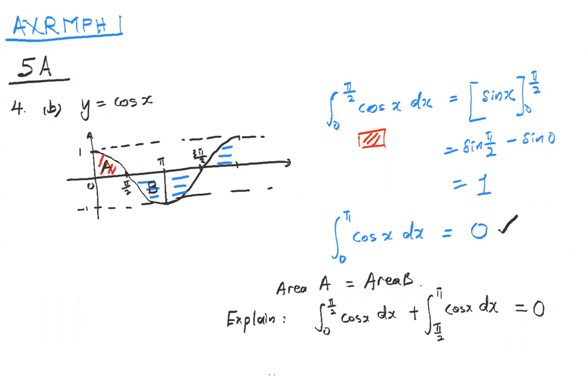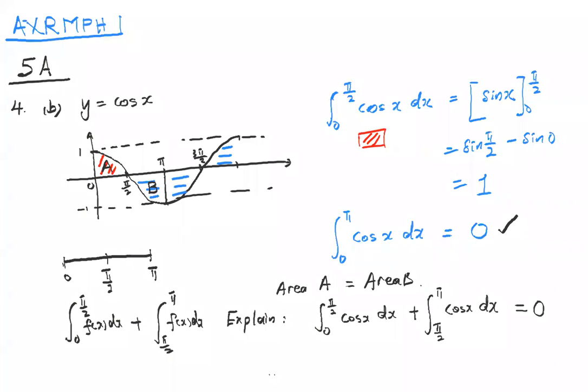If I have from 0 to pi and I pass by pi by 2, I can split this into 2 parts and I put a plus, whatever the function. Correct? Am I right? Okay. And I know that this is equal to 0.